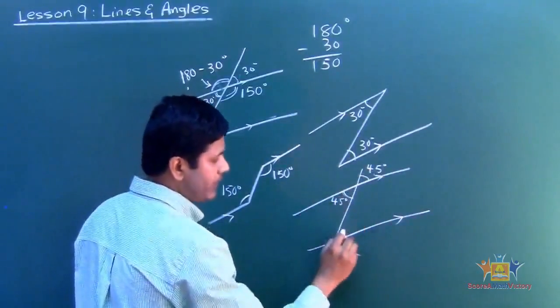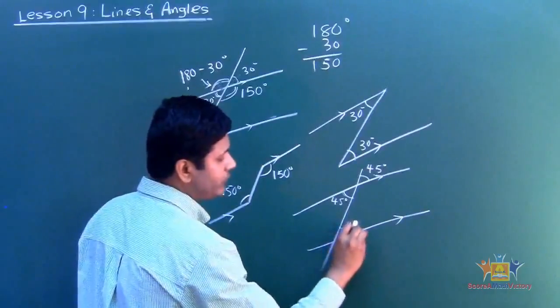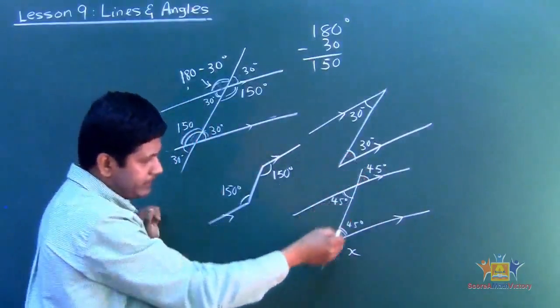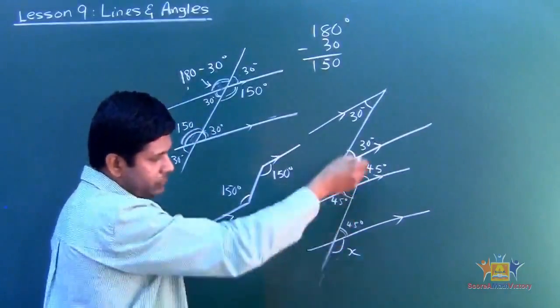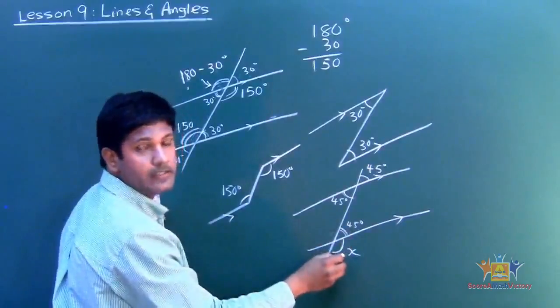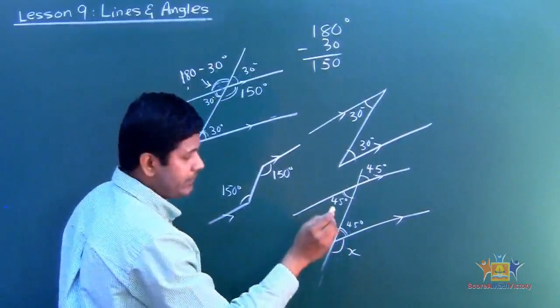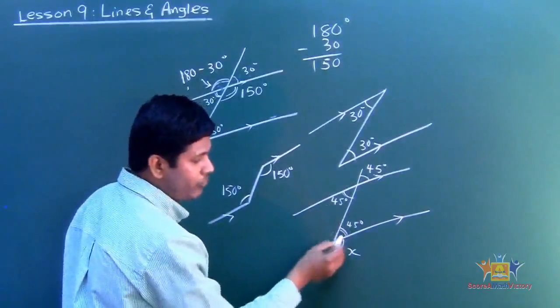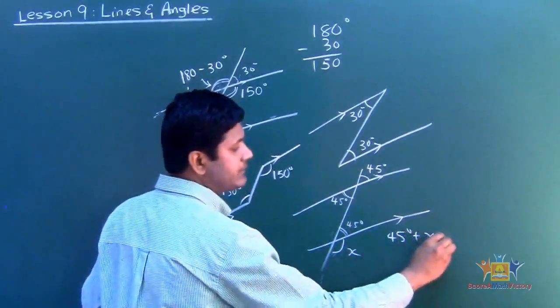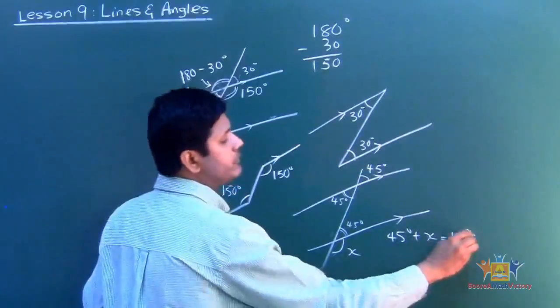If this is 45, this is also 45. Now look at this. This is a straight line. That means these two are supplementary to each other, 180 degrees total. That means 45 degrees plus x equals 180 degrees.